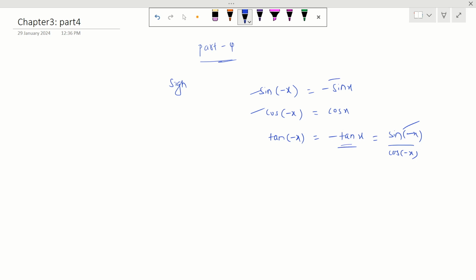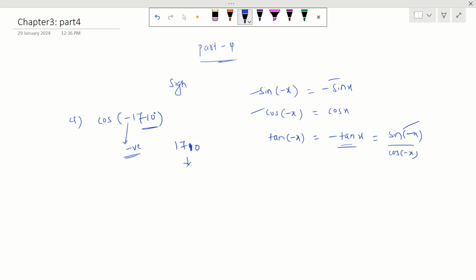Yesterday we solved one problem, the fourth one, which is cos of a negative angle, minus 1710 degrees. Forget about the negative for now, it is 1710.